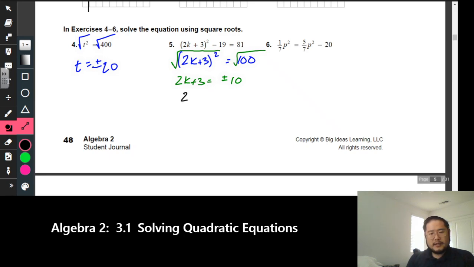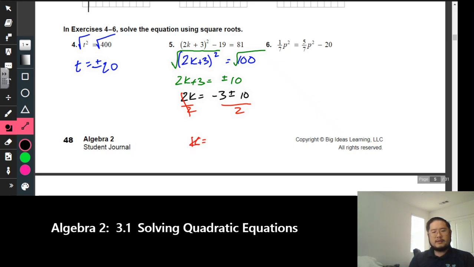So let's begin by subtracting this and simplifying this out. We got negative 3 plus or minus 10. So we subtract 3 from both sides. And then finally right here, we'll divide both sides by 2. And we have now found what k equals. Use your order of operations. We should have 2 roots, right?